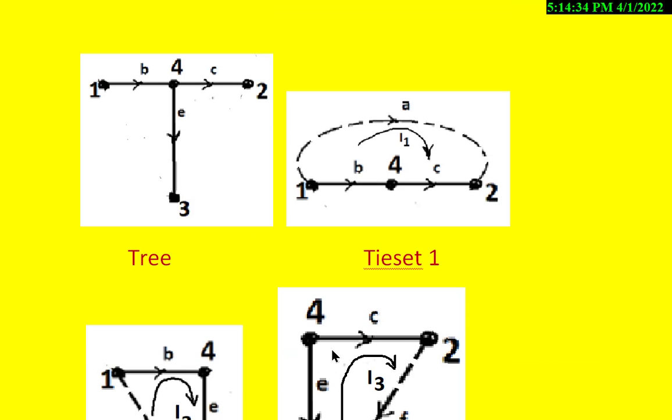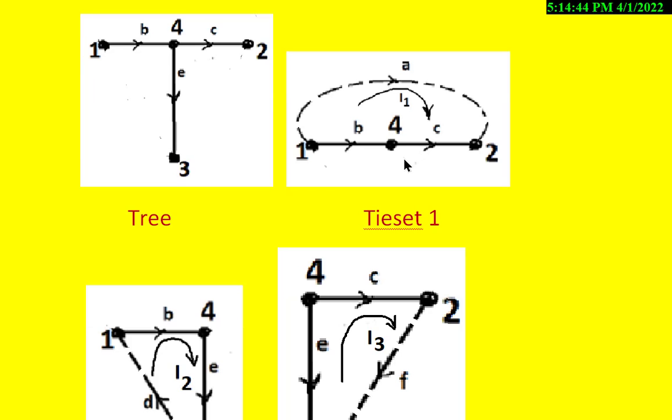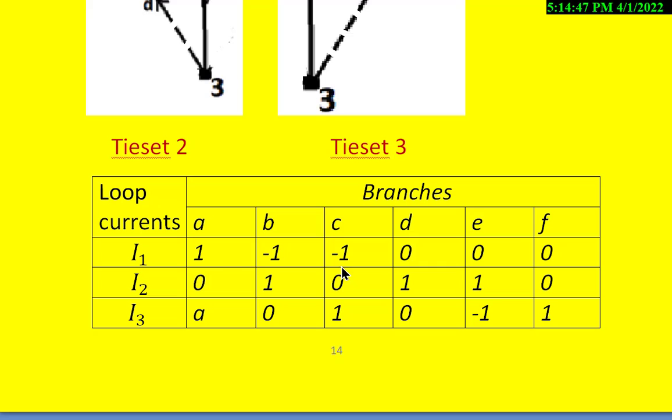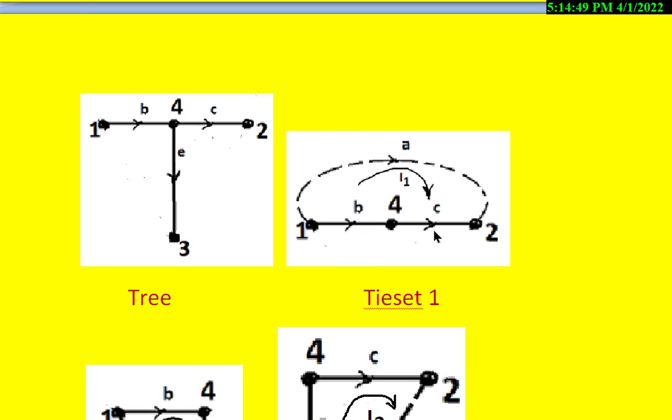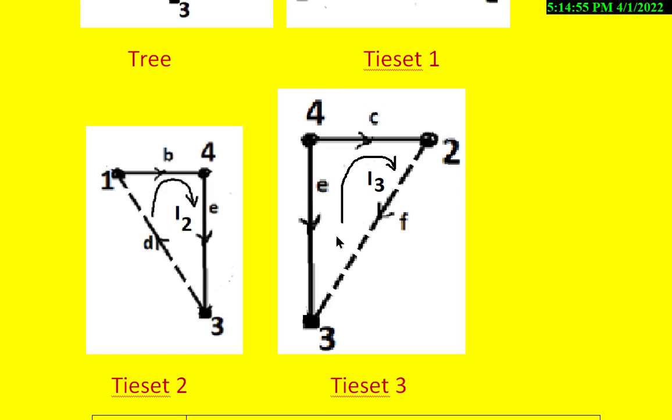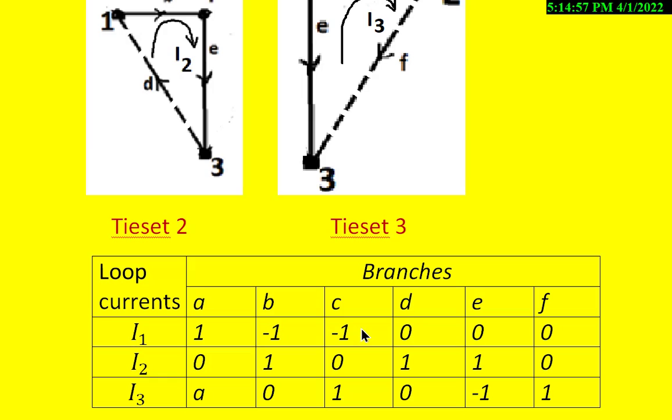In Tieset 1, the direction of I1 and the direction of branch A are the same, so we get +1. Whereas B and C are opposite to the I1 direction, so we get -1 for them, and the other elements are not connected to loop 1, so put zeros, that is D, E, F are zeros.